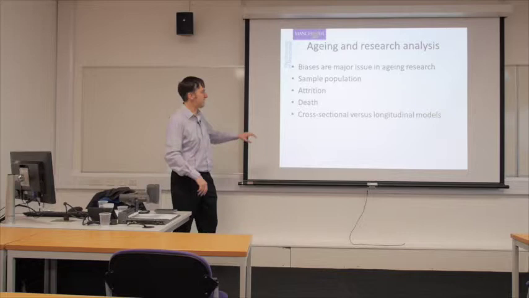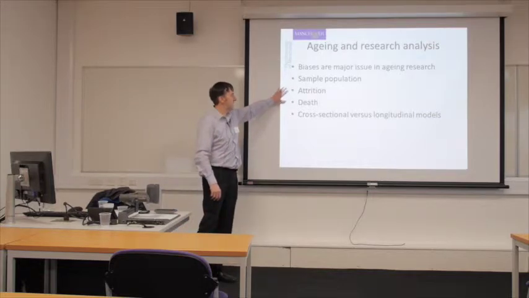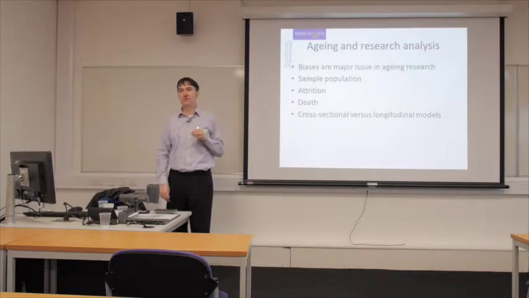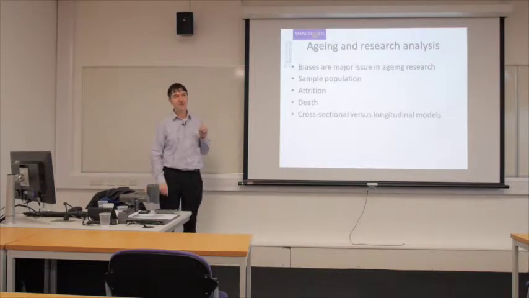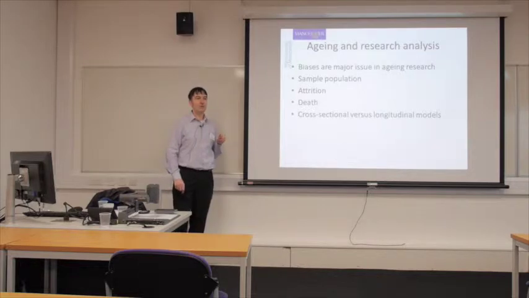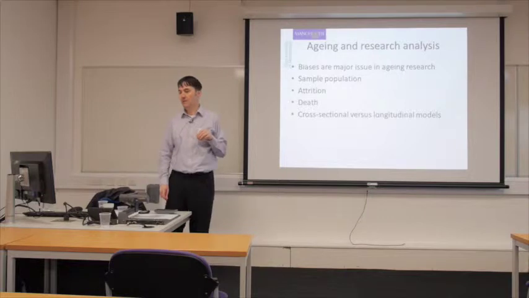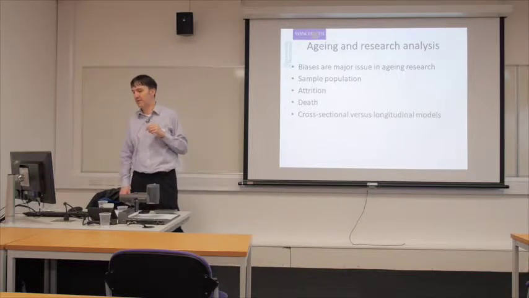And so attrition is a big issue, but clearly death becomes a very important issue in analysis. And really, understanding the contribution of death to the results of your data is pretty critical. And we'll talk a little bit about that.